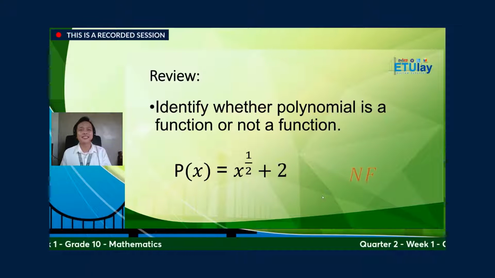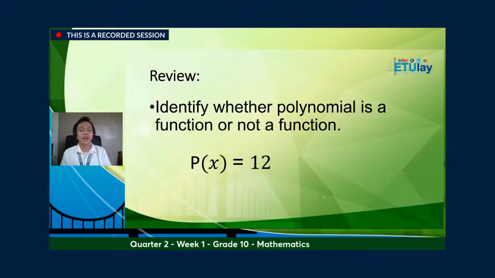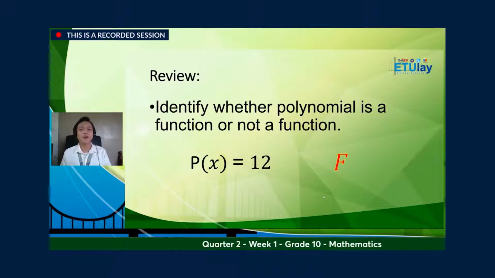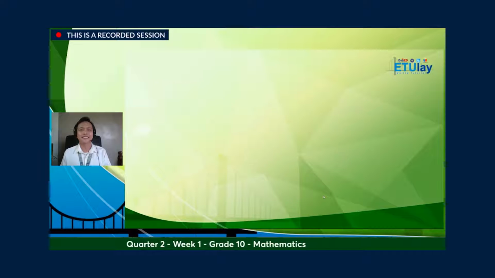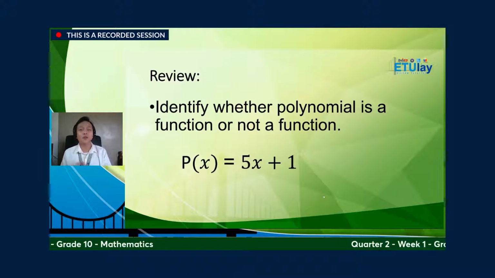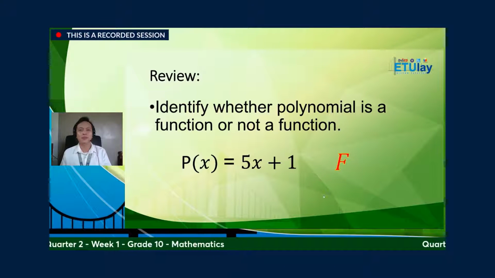The answer is NF, not a function. Another one, P of x is equal to 12. Is it a function or not a function? The answer is F, function. Next up, we have P of x is equal to 5x plus 1. Is this a function or not a function? The answer is F, function.